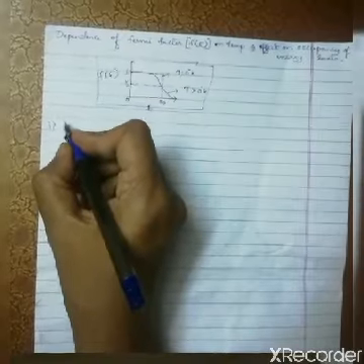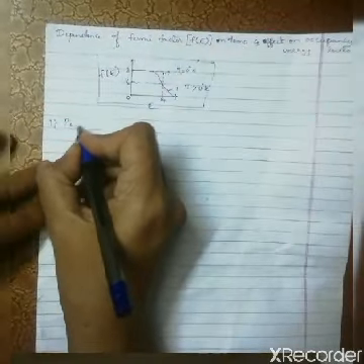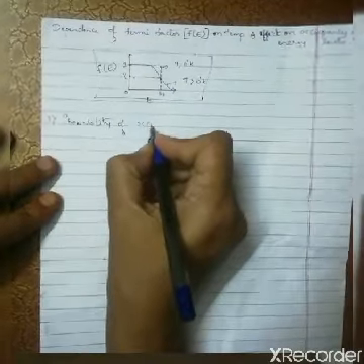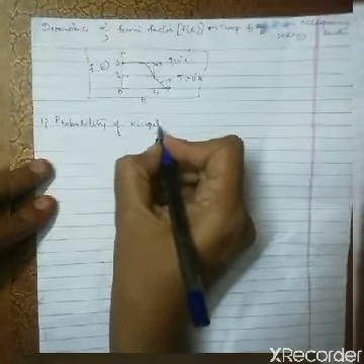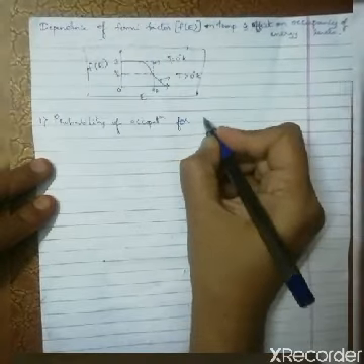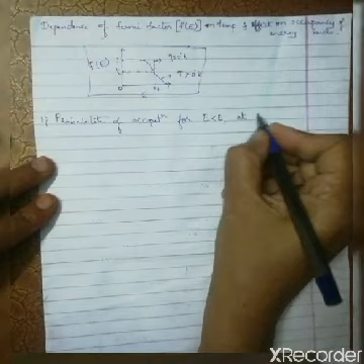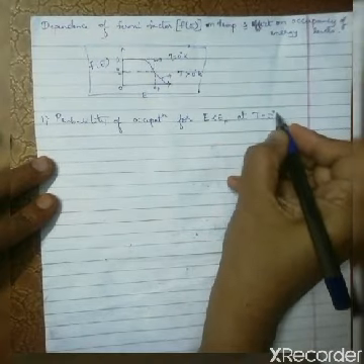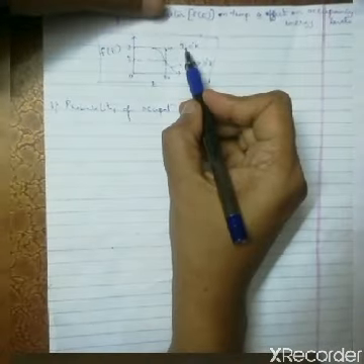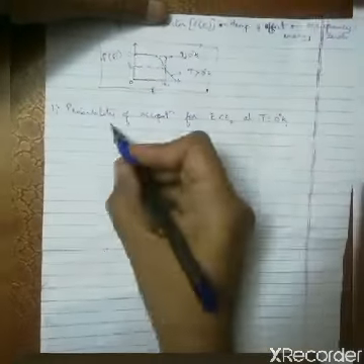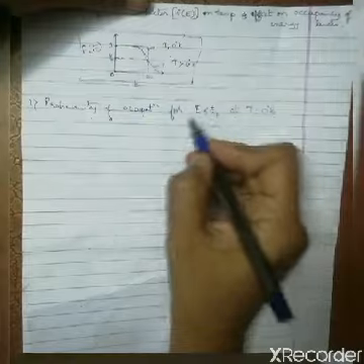First, probability of occupation for energies E less than EF at T is equal to 0 degree Kelvin. So at T is equal to 0 degree Kelvin, what happens for f of E for energies less than EF?